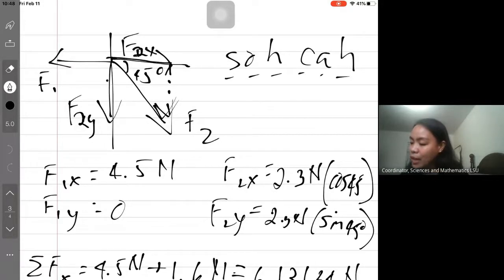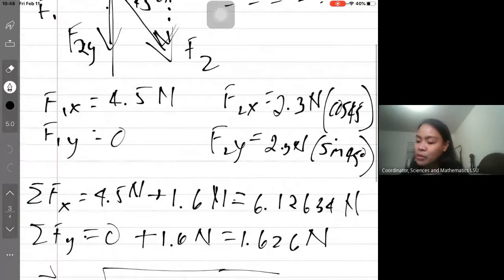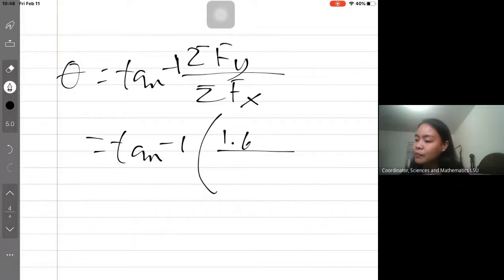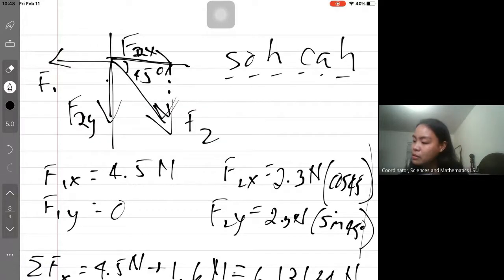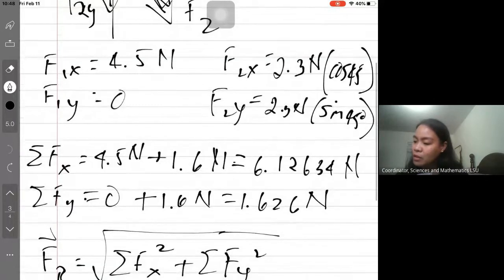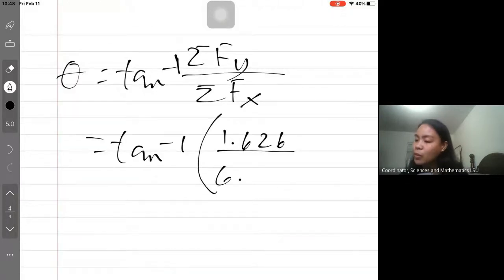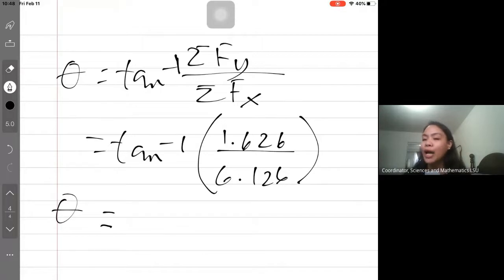What was our answer? 1.626. And the summation of forces along x is 6.126. And our angle is 29 degrees.